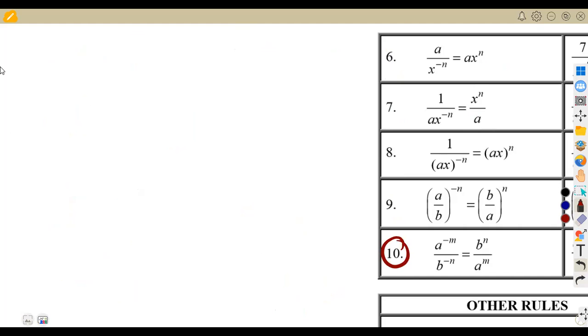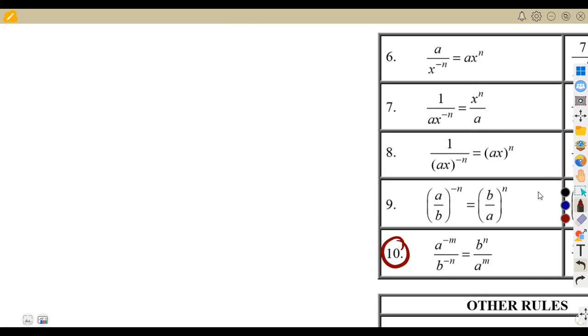So I want you to sit down with your laws, work with your laws, understand each and every law from your mathematics grade 9, from your mathematics grade 8. Revise those notes again. They are very, very useful.